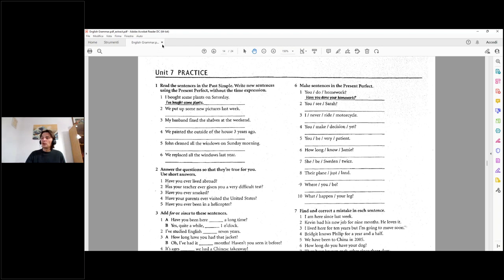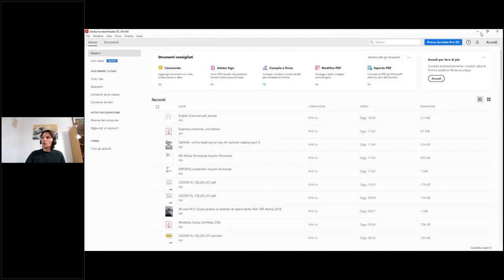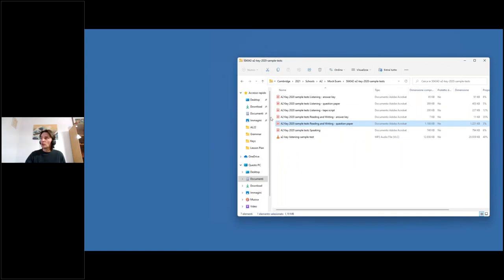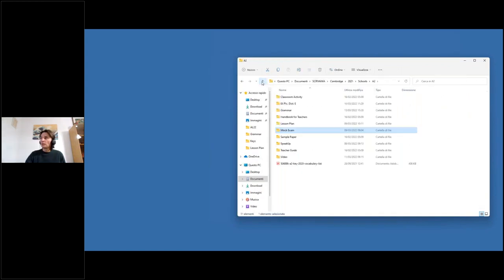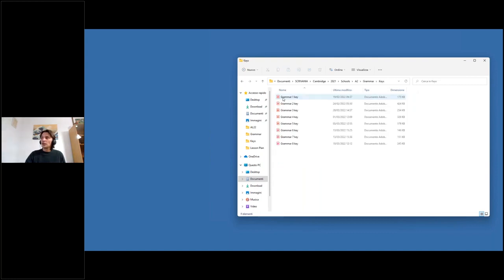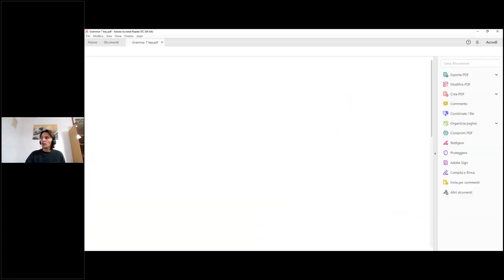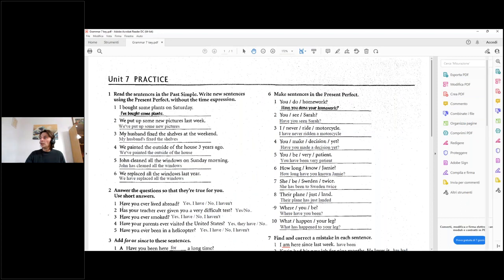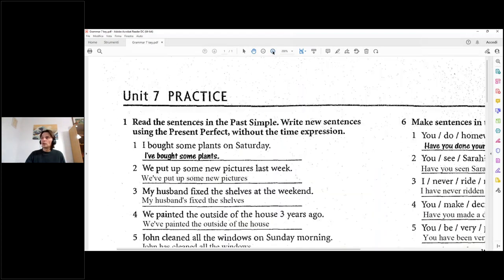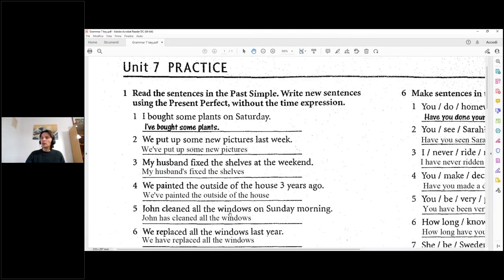I'm going to give you the solutions, which by the way I have already sent onto our WhatsApp group, so you already have them. Let me see if I can show you those keys. They are in our grammar folder under keys, grammar 7. There you go. These are the solutions to the unit 7 practice.